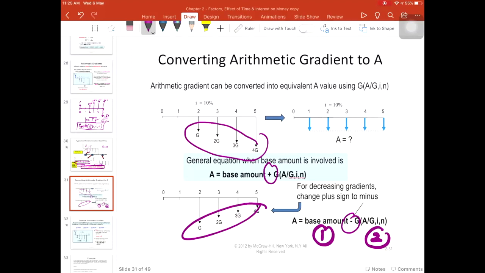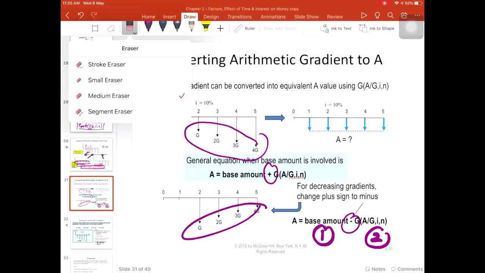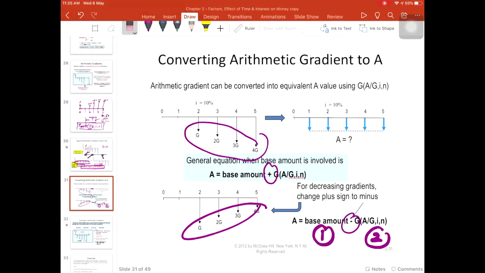Sorry, this one dia nak kira pada A. Okay. Sometimes after you get the gradient, you have to use the A because we know that within 5 years we have to pay extra, correct? For year 1, sometimes 100 ringgit, year 2, 200 ringgit, year 4, 400 ringgit, year 5, 500 ringgit.